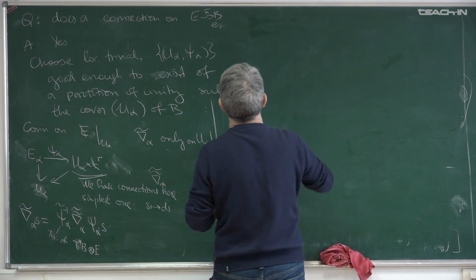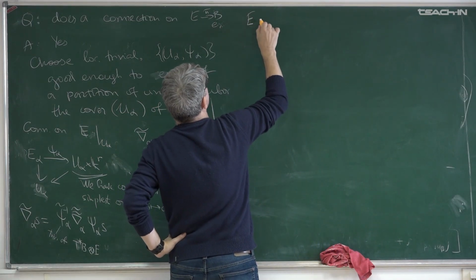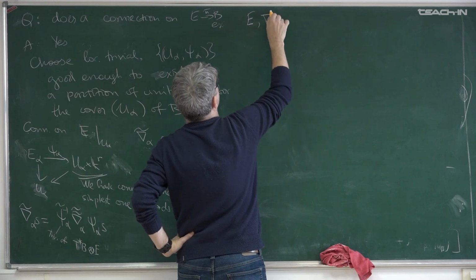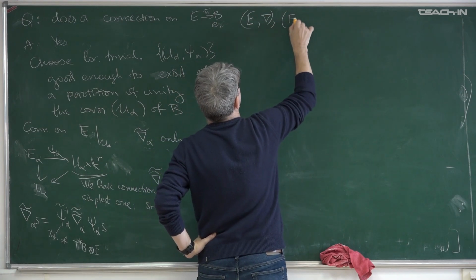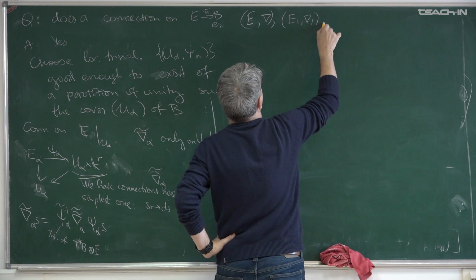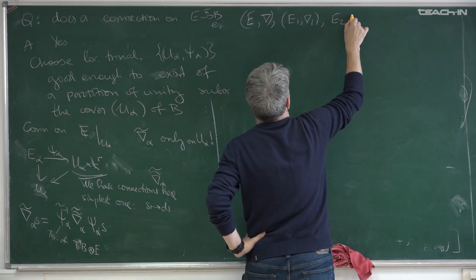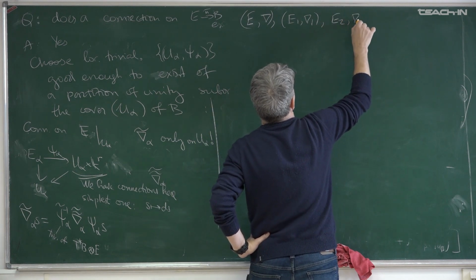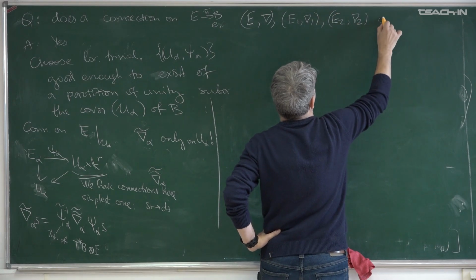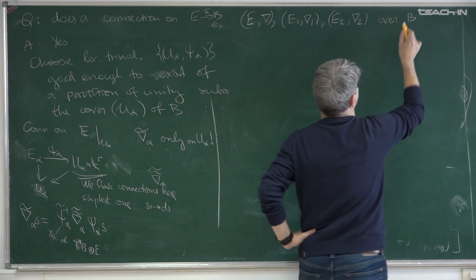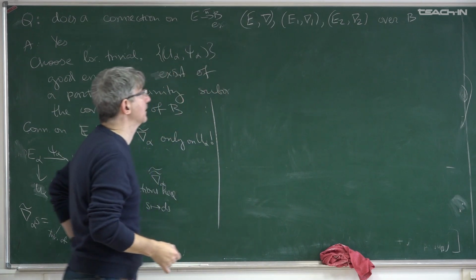So imagine we have E with nabla, E1 with nabla 1, and E2 with nabla 2, over the same base manifold B.